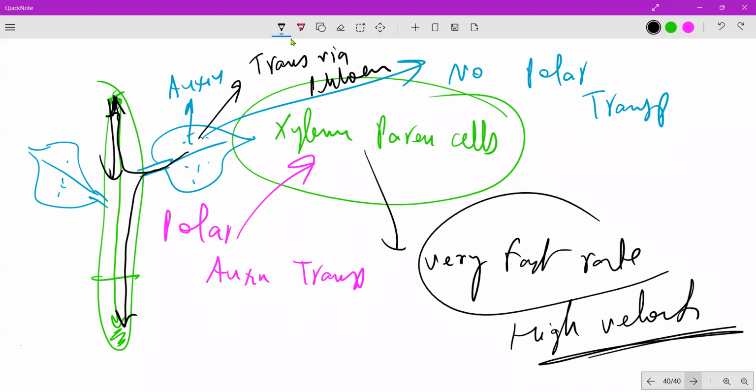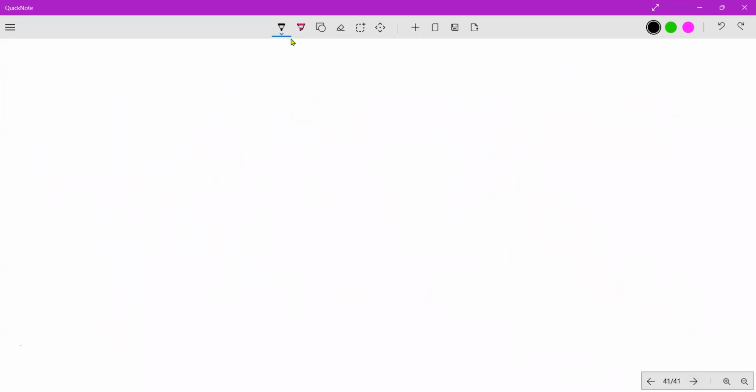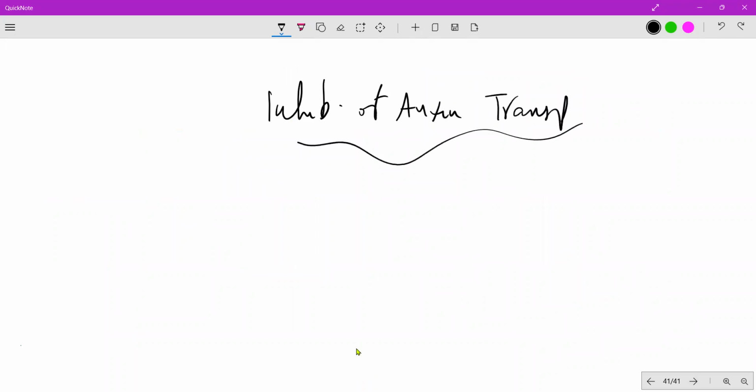Finally, before we end, remember one thing: sometimes the examiner is very smart. He'll ask you about inhibitors of auxin transport. These inhibitors we can divide into two: synthetic compounds and natural compounds.